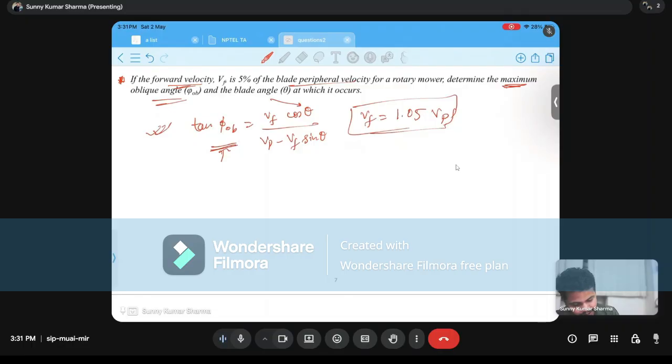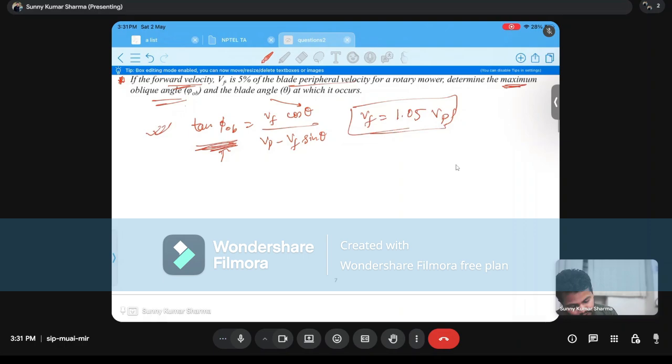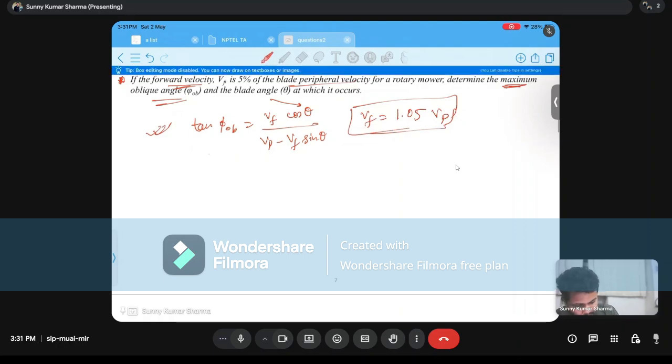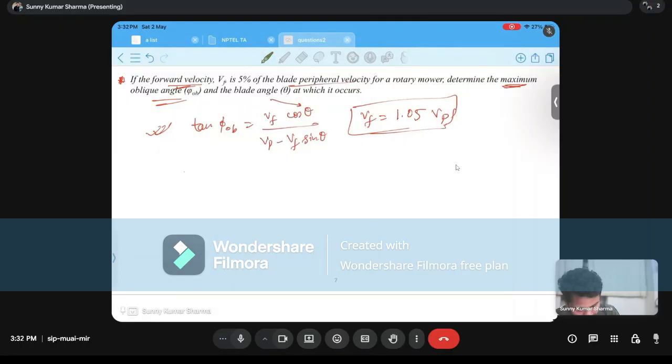So if we differentiate this function, that is tan phi OB, with respect to theta, we will get the theta at which the maximum phi OB is occurring. So we will proceed with the derivative. d tan phi OB by d theta is equal to d by d theta of Vf cos theta by Vp minus Vf sin theta.